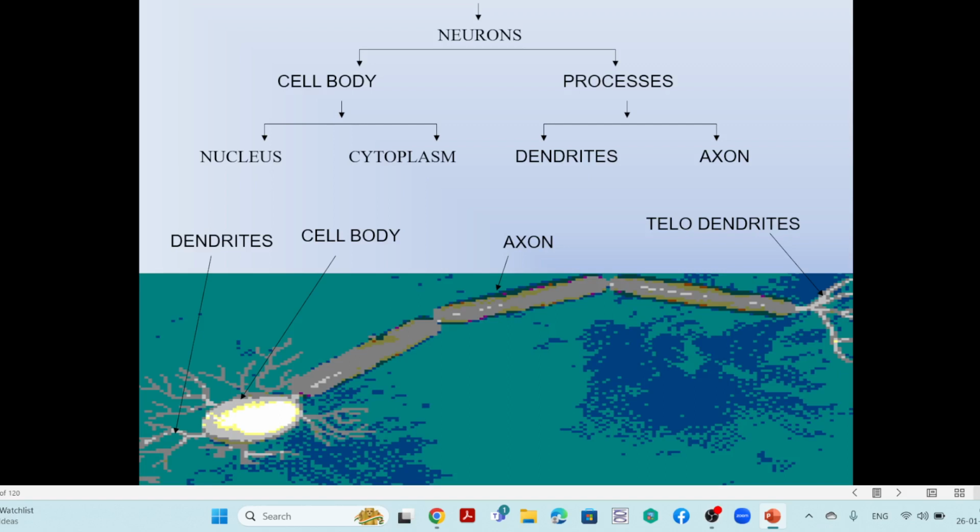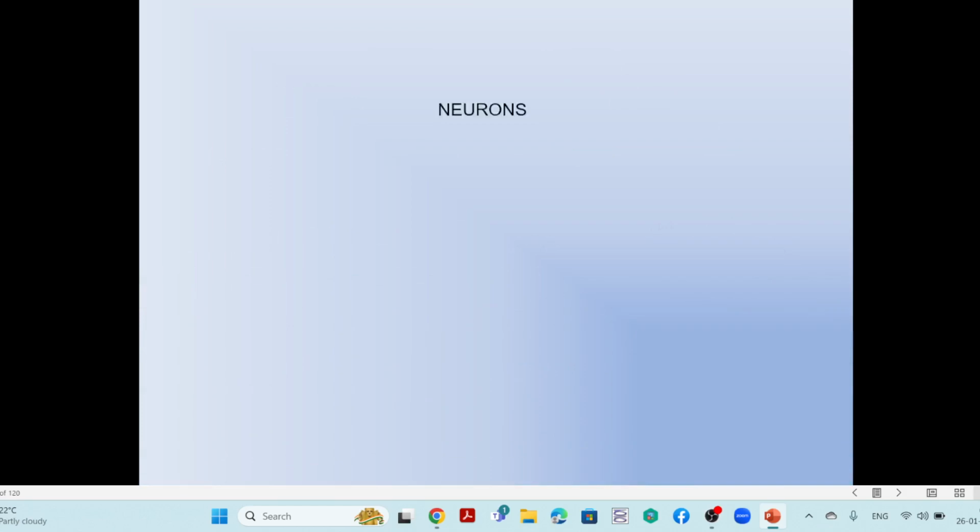Then the dendrites, see, there is a small process which arises from the cell membrane. Then the axon is long, and it also arises from this cell body and ends in a number of small branches called telodendria. Remember these basic points.